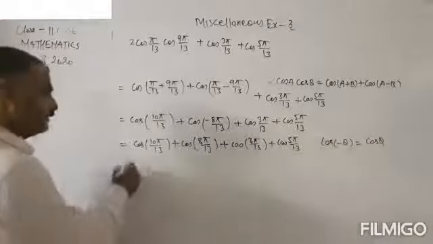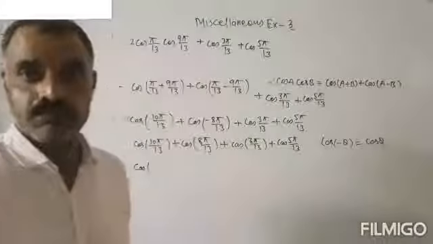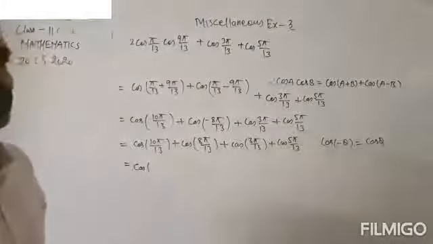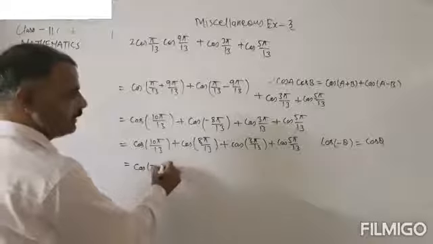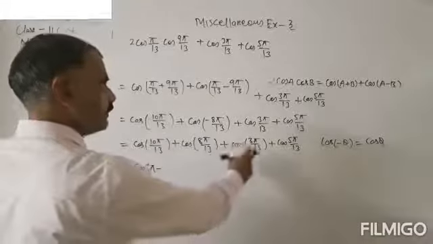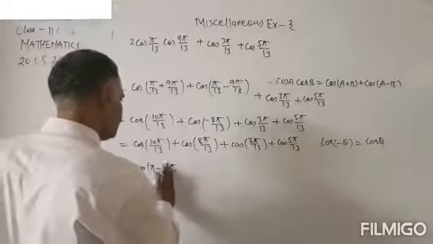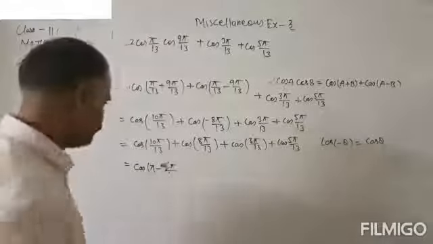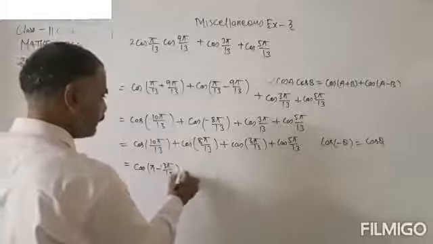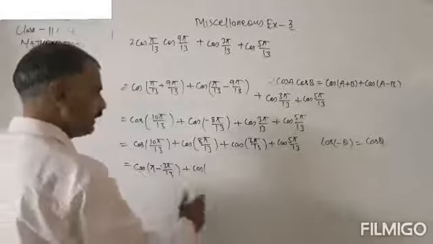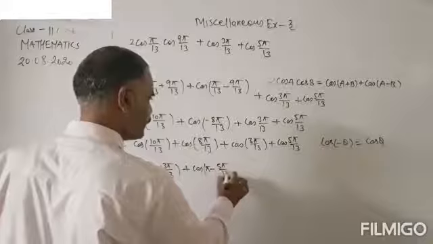Now how to write this down? Cos 10 pi by 13 can be written as cos of pi minus 3 pi by 13, plus cos of pi minus 5 pi by 13.